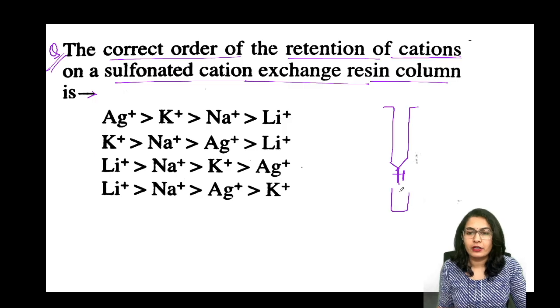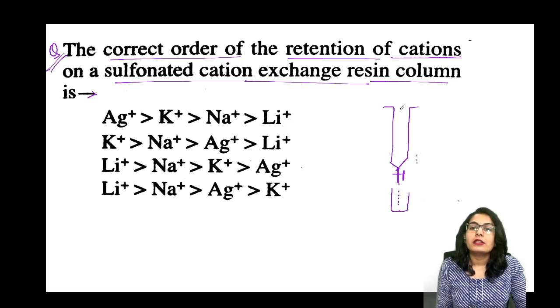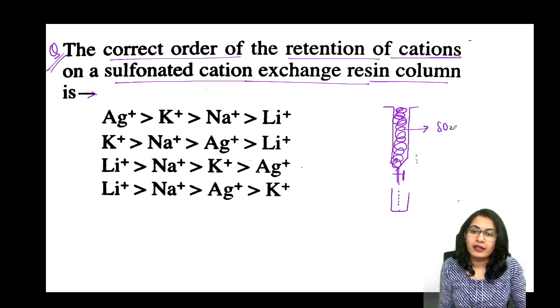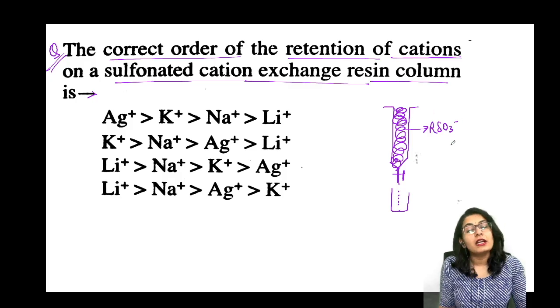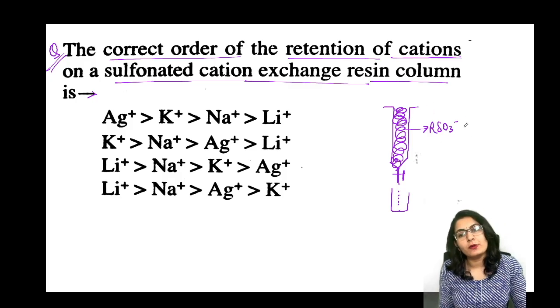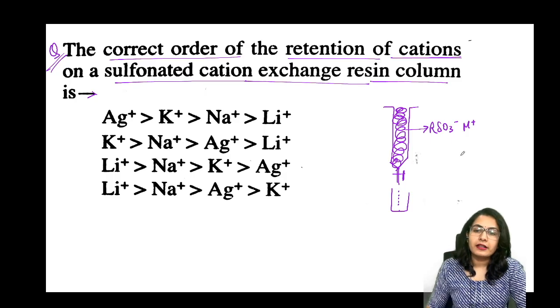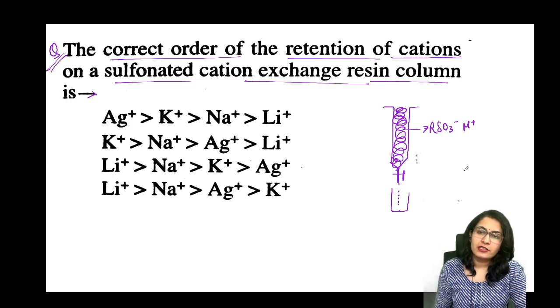The water is going to come out drop by drop. Now the resin is sulfonated, that is it has an acidic group RSO3 minus. This negative group is going to attach with the metal plus and stick all the alkali metals to it, or it is going to pass away all of them.